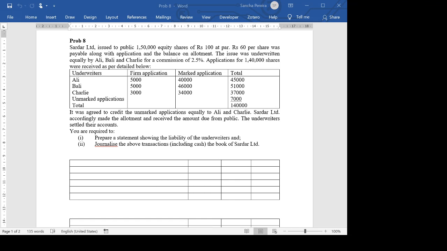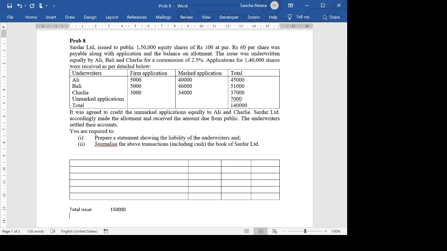So we'll start with a simple calculation that we do. Actually, it's not required because it's directly given, but since I do it in every problem, I will do it here. The total issue is 1,50,000.